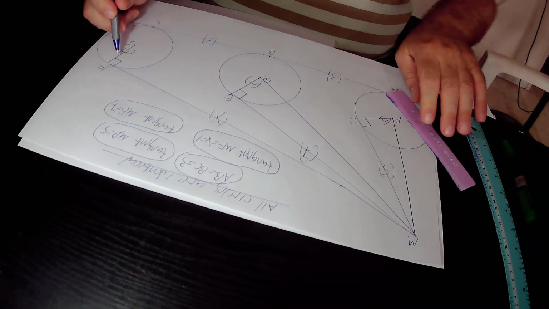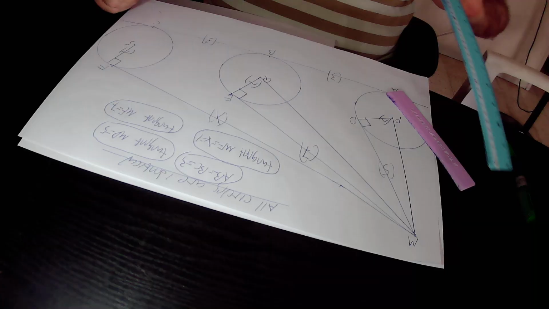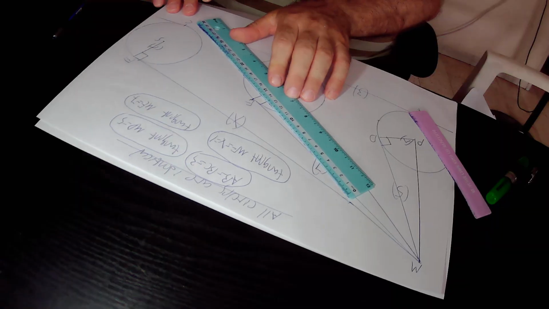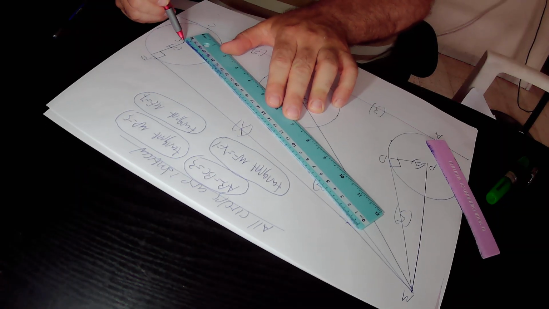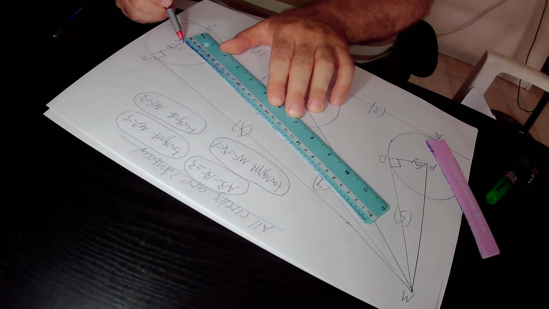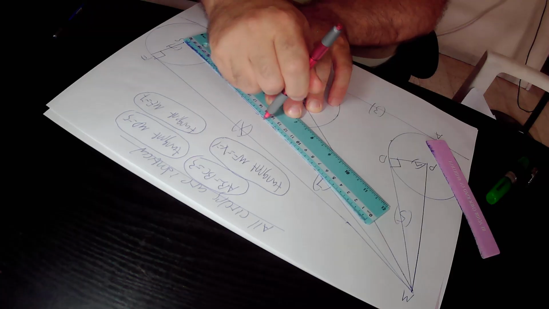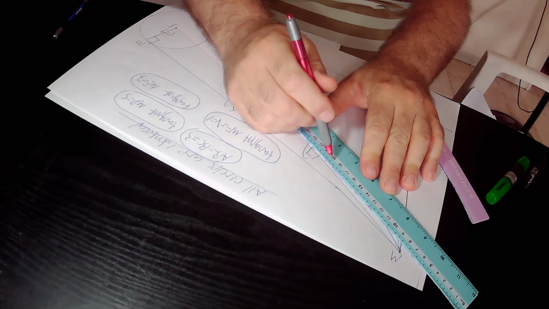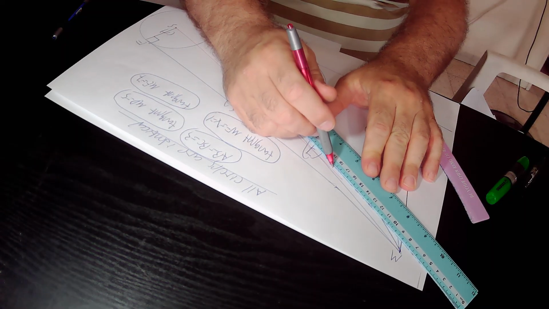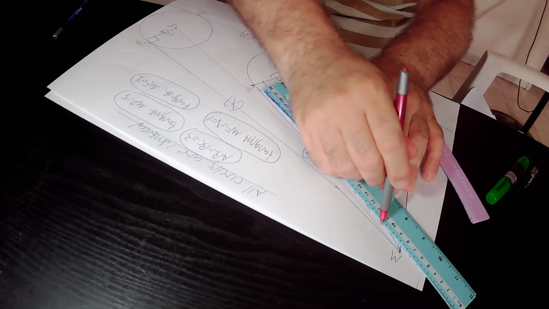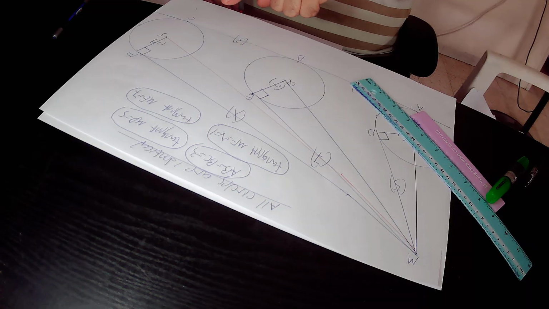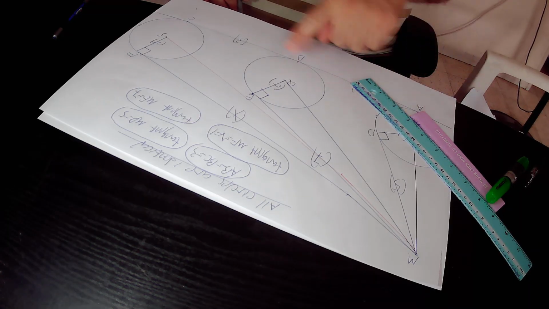In the next step, we join points M and S together by a straight line. By joining points M and S, we get the right triangle, triangle MSF.